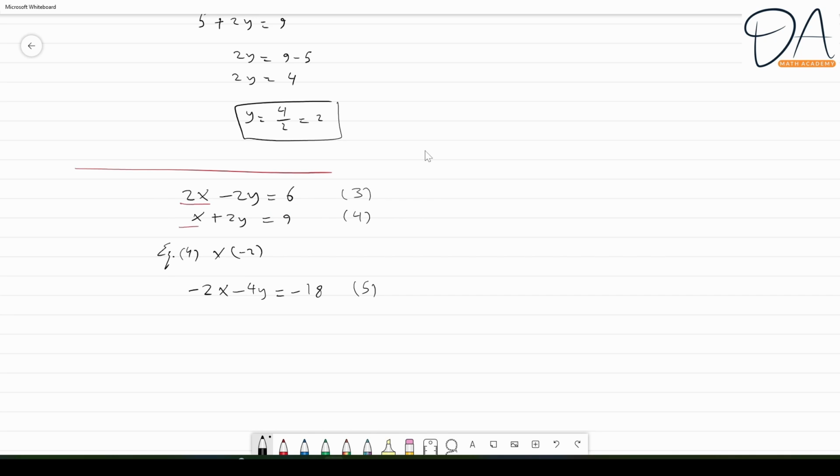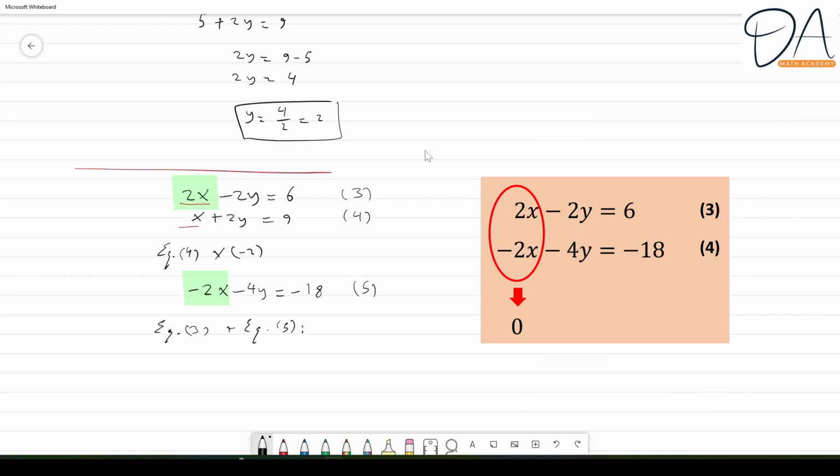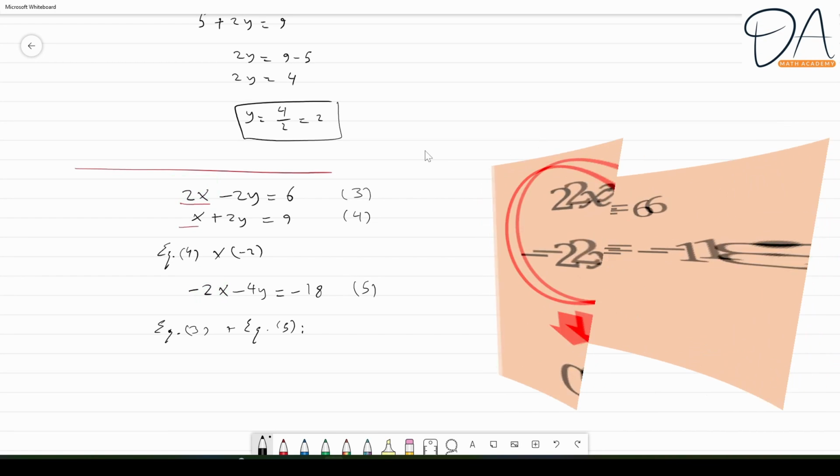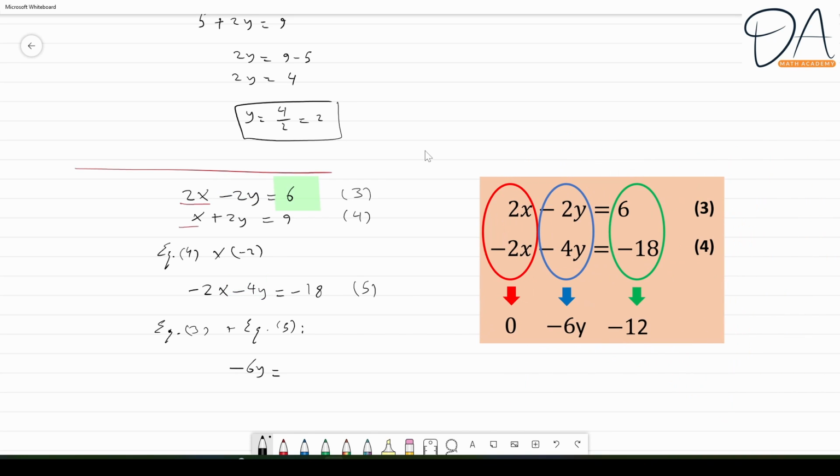We simply now add the new equation 5 to equation number 3. So what we are doing here is equation 3 plus equation 5. Remember, 5 is just coming from 4 after multiplication, so it's equivalent to 4. When we add, you have 2x and minus 2x, that gives you 0. In other words, it cancelled out. And you have minus 2y and minus 4y, that will give you minus 6y equal to 6 plus minus 18.